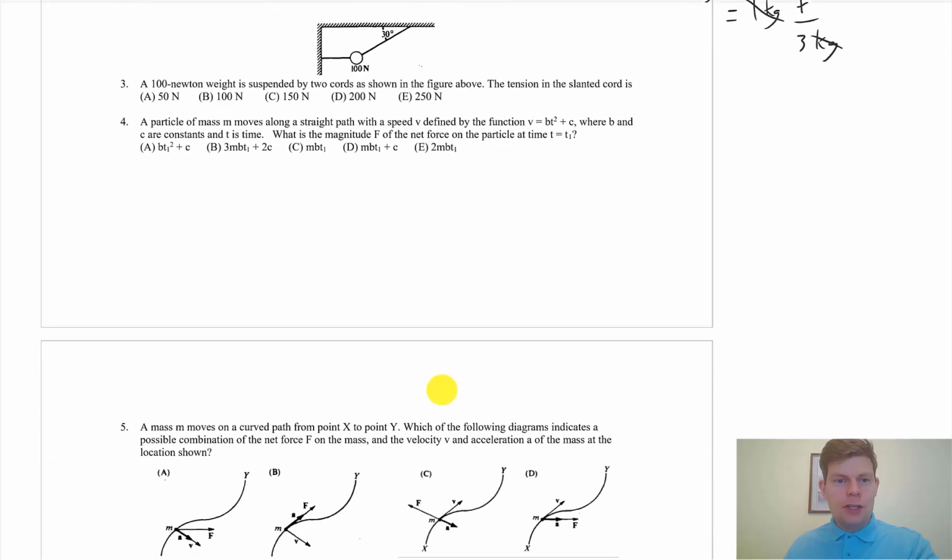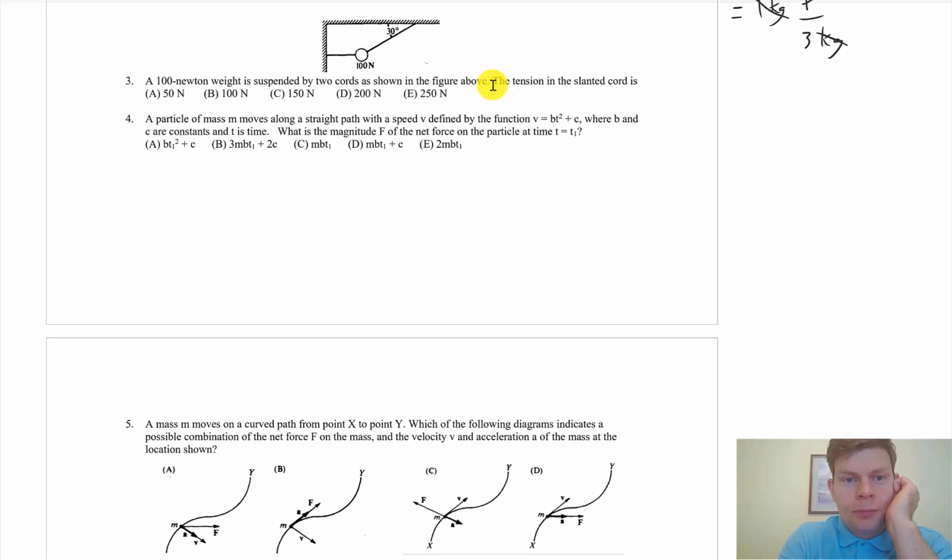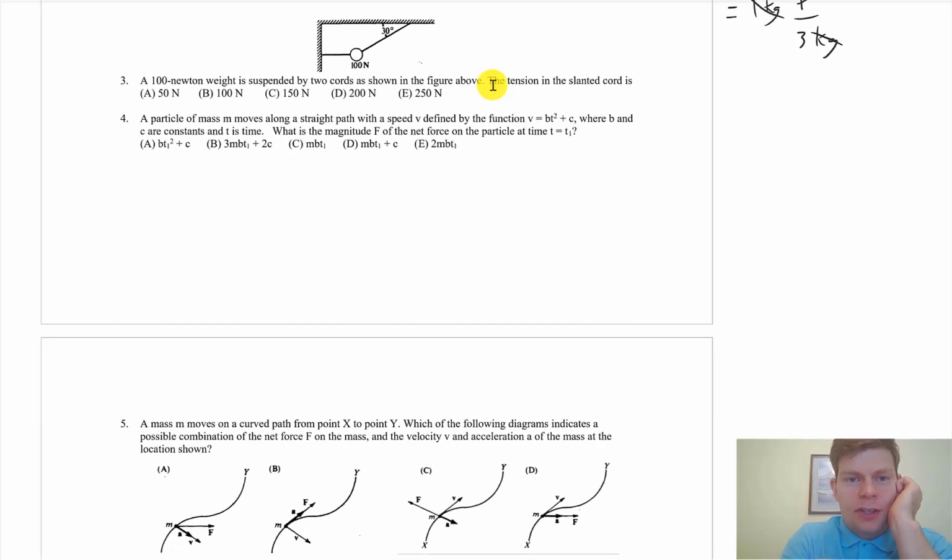That's 2. Here we've got a 100 Newton weight suspended by 2 cords as shown below. And we want to know the tension in this slanted cord. Now, the key with this is just like grade 12 torque. Basically, this is the only thing pulling up on the object. So if you've got a 100 Newton object down, your up force has to equal your down force.